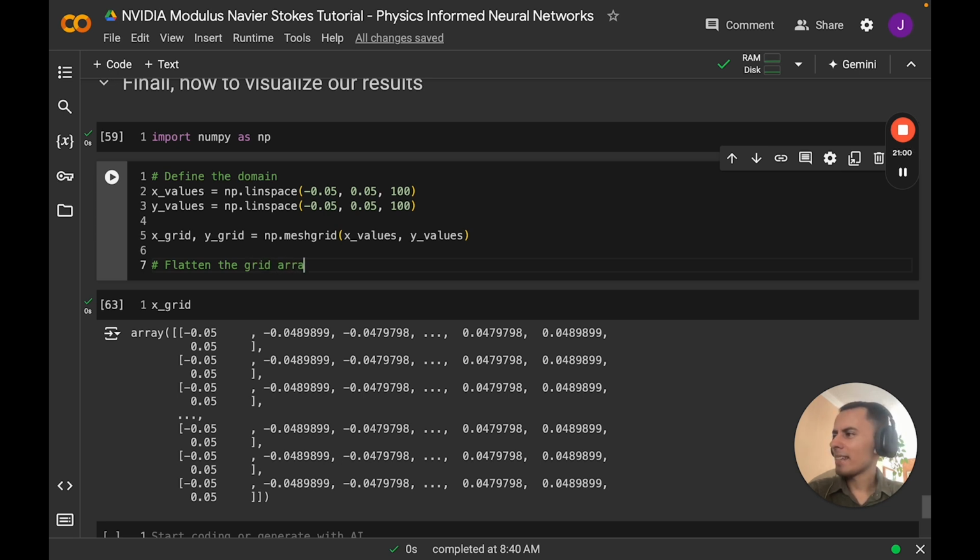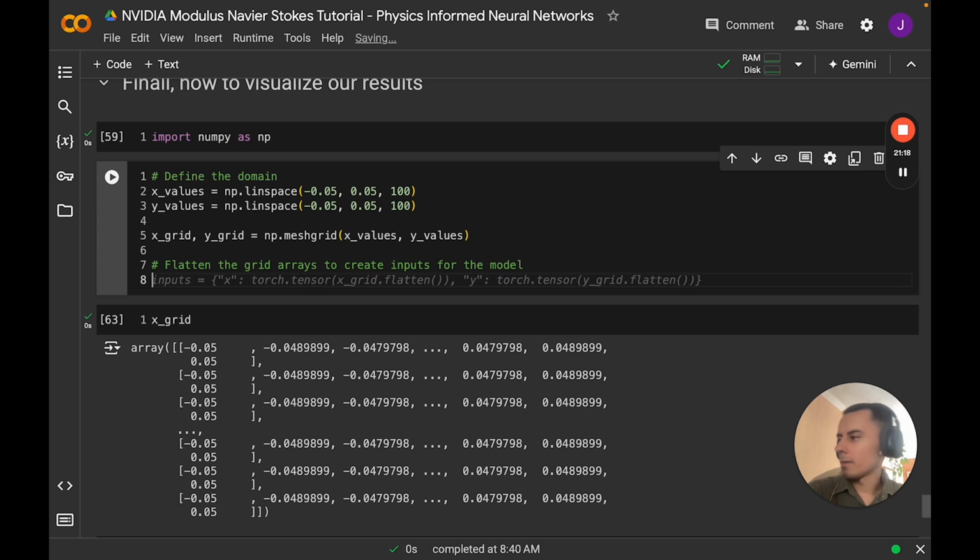So we have grid arrays to create. Okay, so flatten the grid arrays to create inputs for the model. You don't want it to be in the format of a grid. You want it to be flat. The flat version equals the grid flatten.